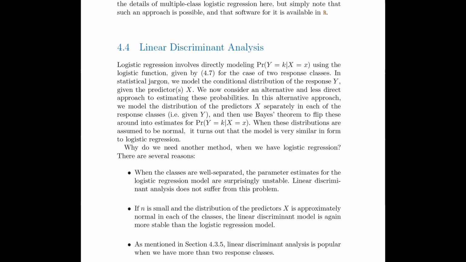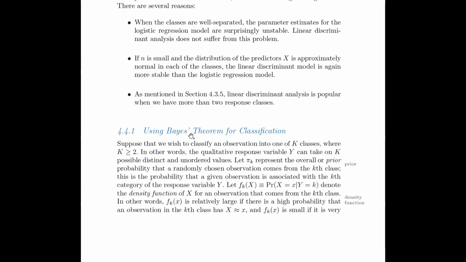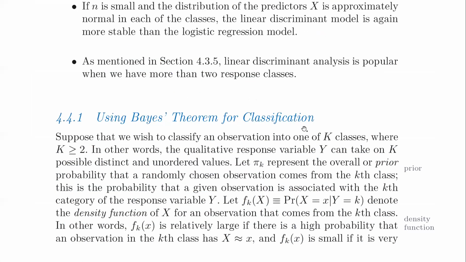For the more general case where you may have a response variable with more than two, we call them classes, we've started looking at Bayes' theorem for classification, where we're using uppercase letter K to represent the number of different classes that may appear for the response variable y.